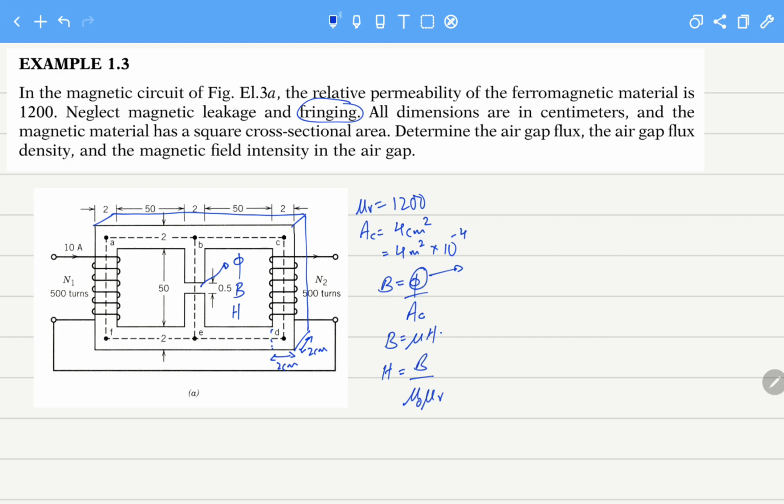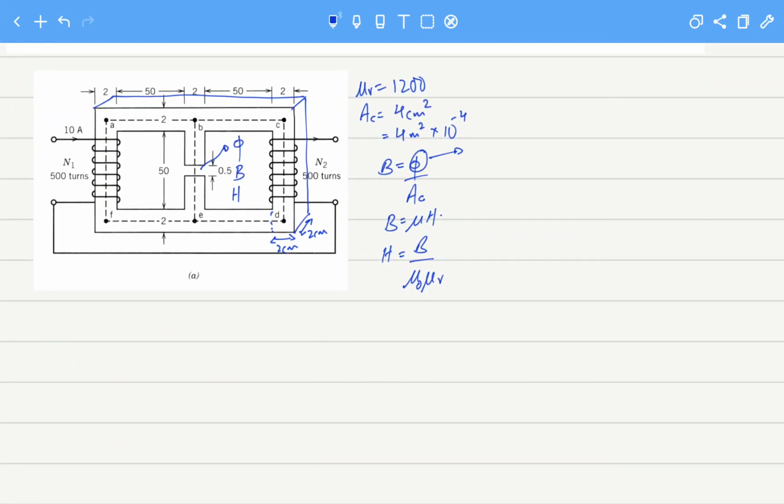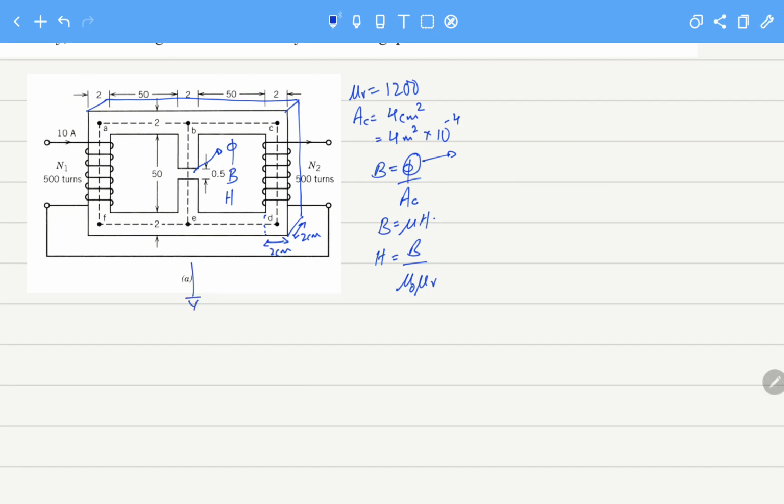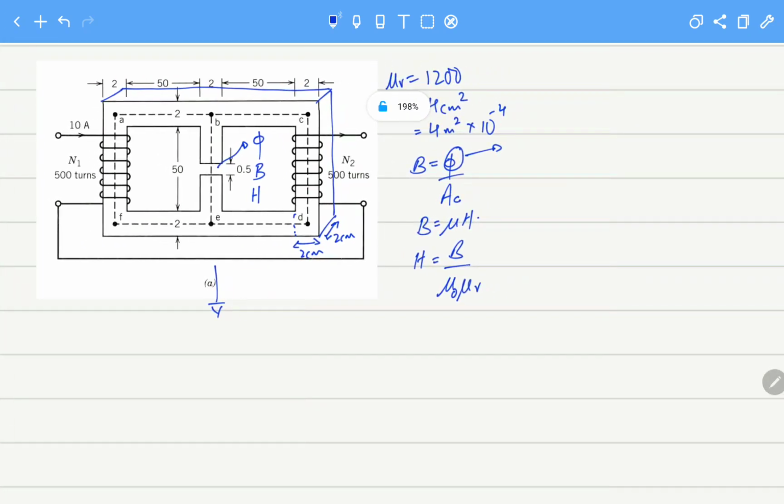Now this is the circuit that is given. Now let's make the equivalent magnetic circuit out of the given core and its conditions. We can see that we have two sources, and by applying the right hand rule, our fingers will curl in the direction of current in the coil, and our thumb will point towards the direction of magnetic flux.